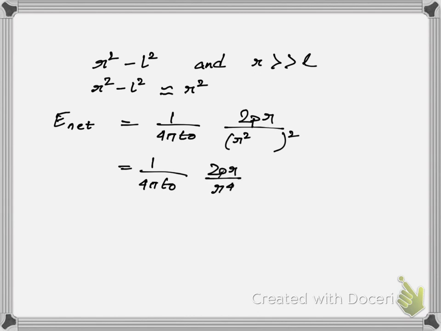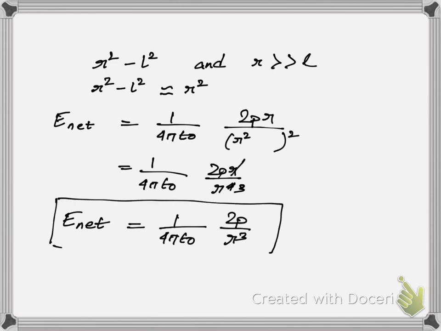There will be some cancellation. r by r to the power 4 will give you r cube. So E net becomes 1 by 4 pi epsilon naught, 2p by r cube. This is the expression of intensity of electric field at the axial position due to a short dipole.